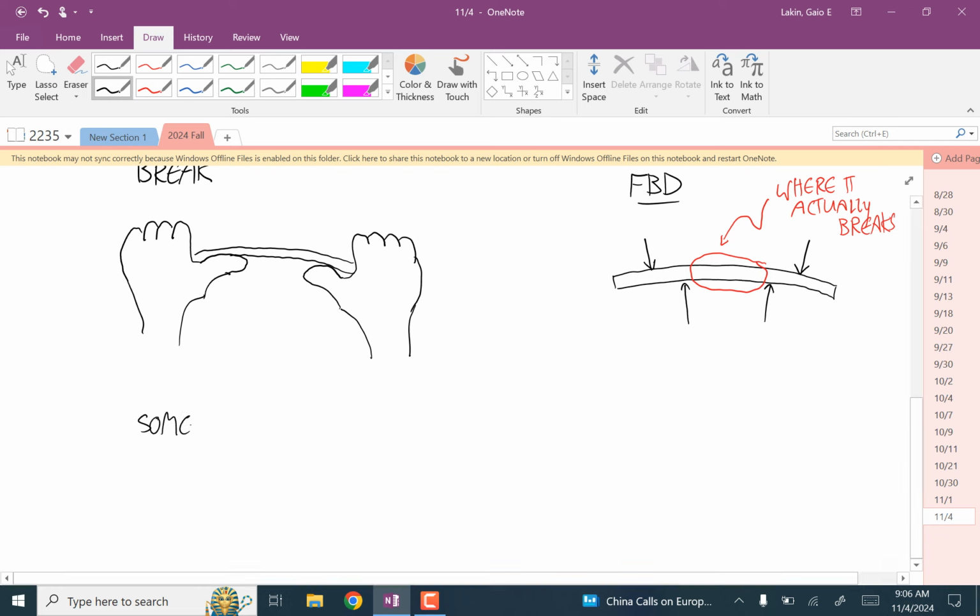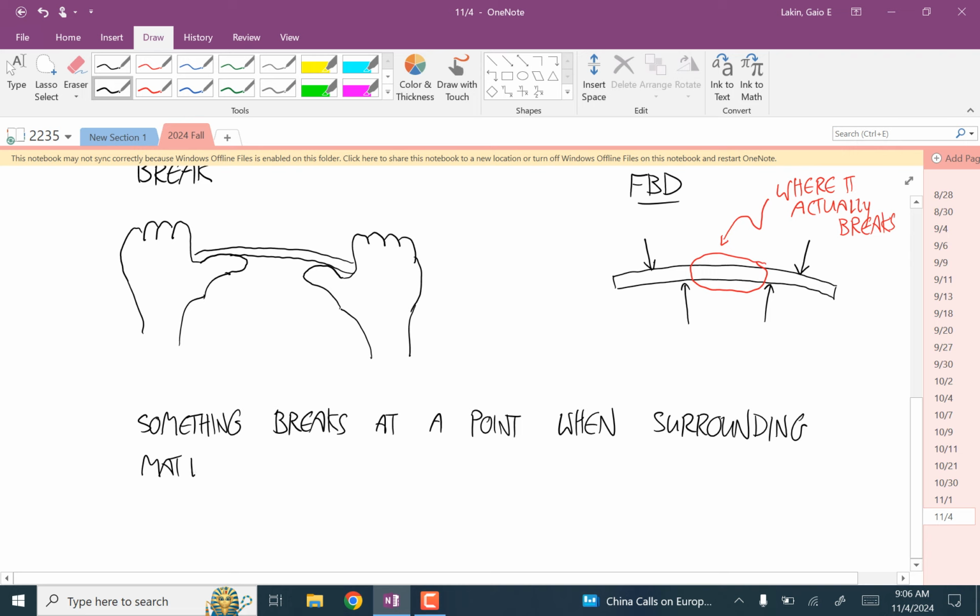So something breaks at a point when the surrounding material can't supply the required loads to hold the body together.